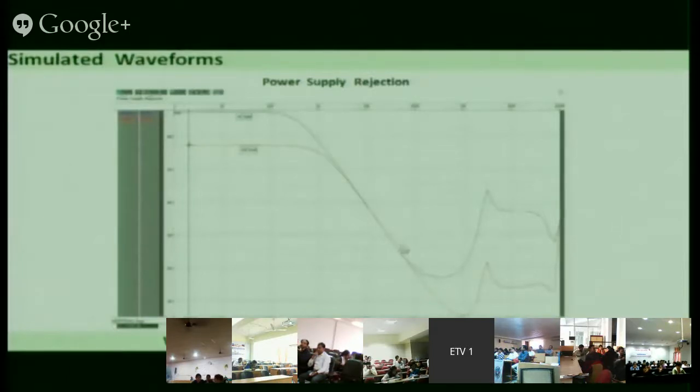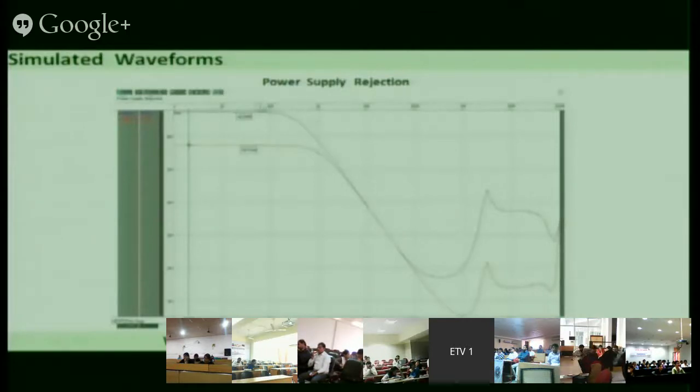Whatever ripple is present in the line at more than 10 kilohertz will be divided by 1, meaning the same ripple will appear at the output at high frequency. But below 1000 hertz, it is 60 dB, so it will be divided by 1000 times.